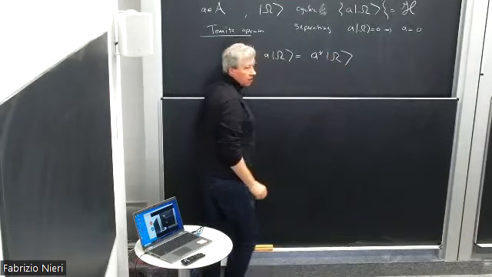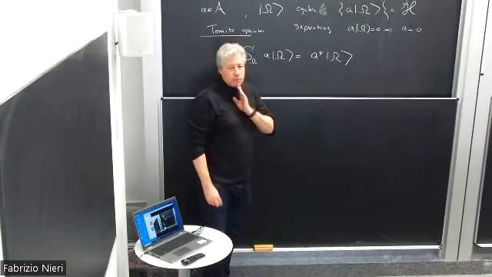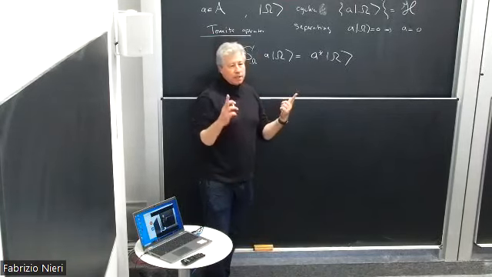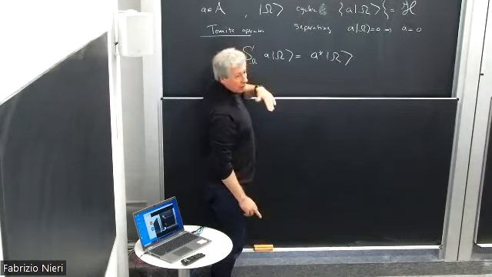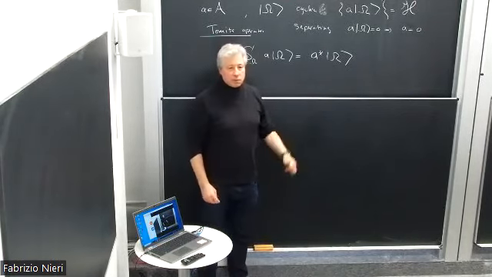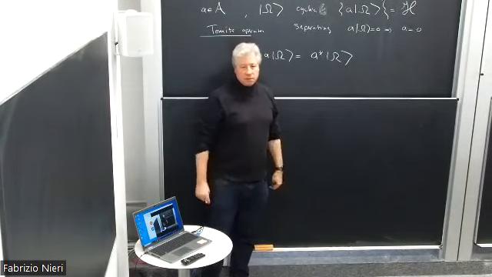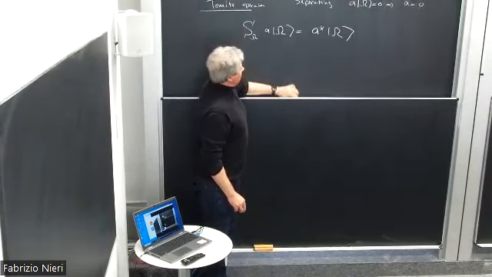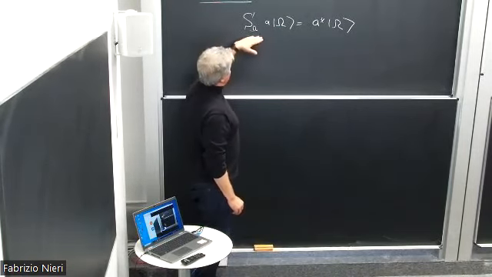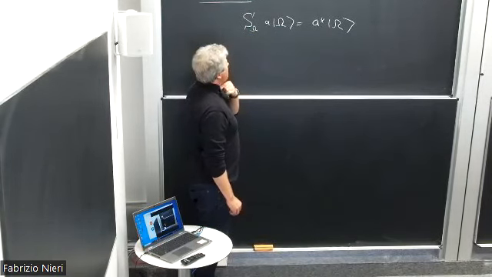Does it have anything to do with time reversal? Yeah, there is some way in which it does, but there's also a way in which we exchange A and A prime. So this thing does two things. It is something like a time reversal, but it also flips the two sides. This operator has a number of properties.